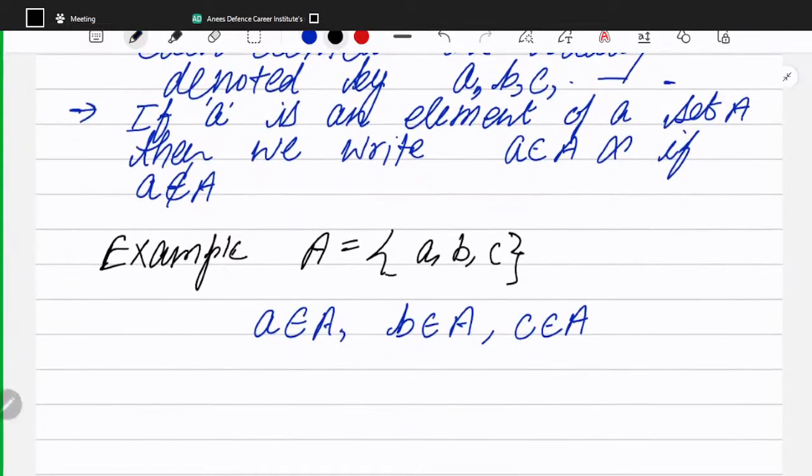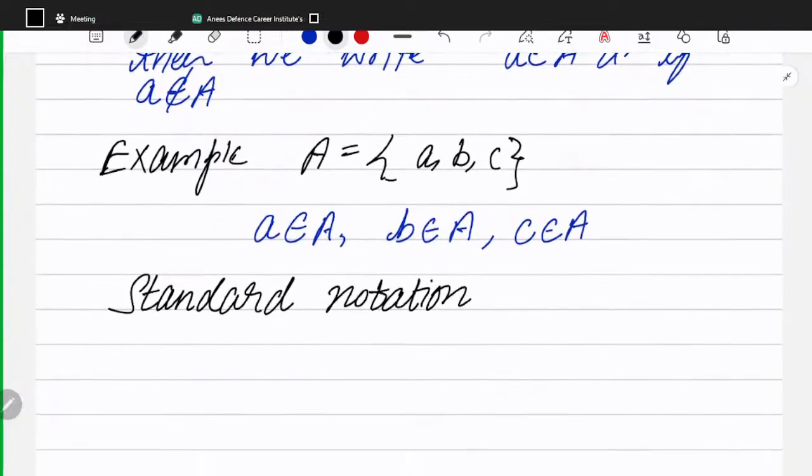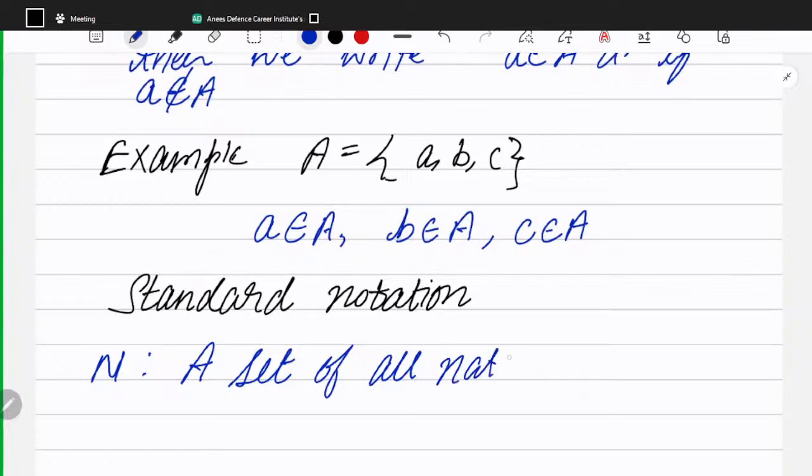Standard notations. Capital N, a set of all natural numbers.